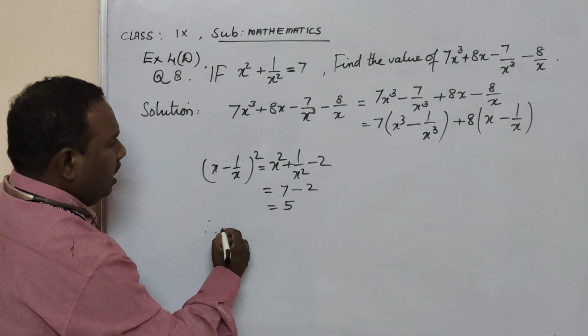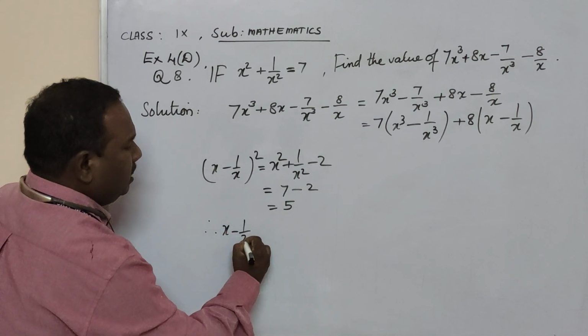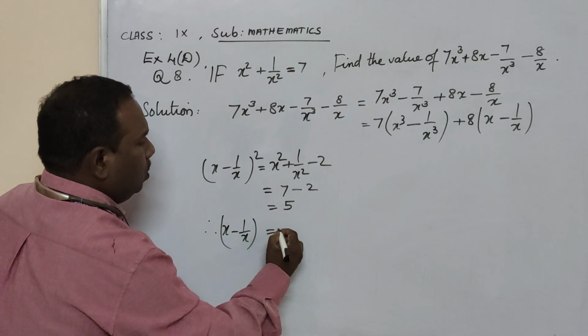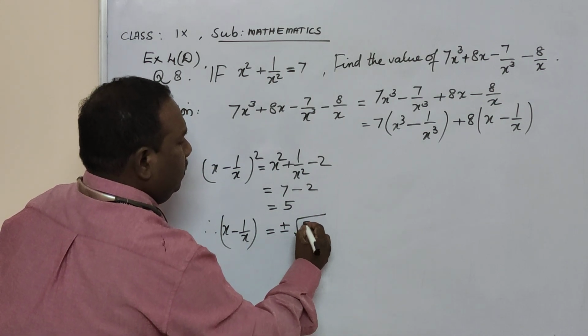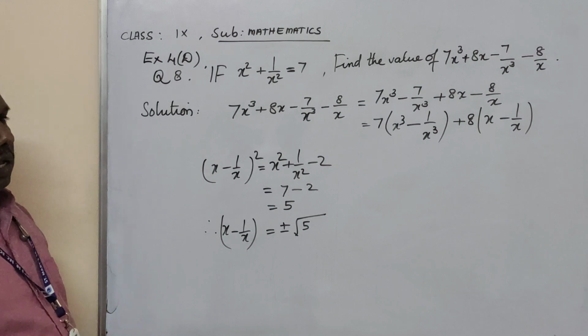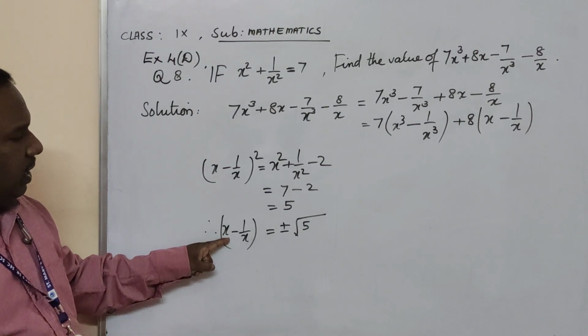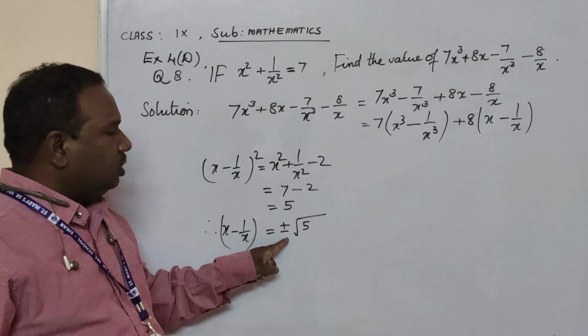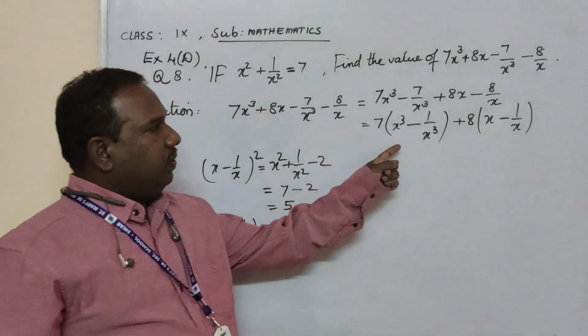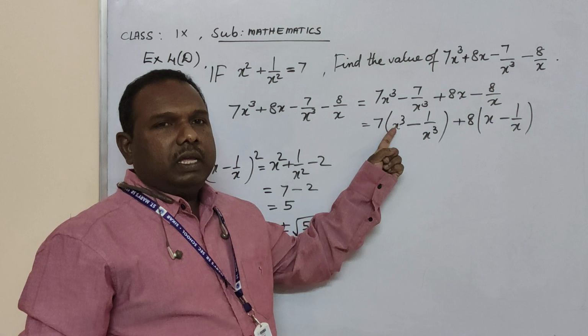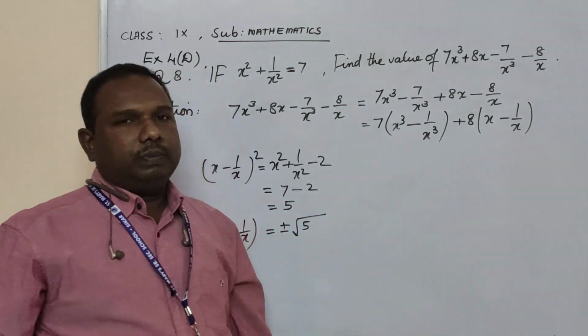So therefore x minus 1 by x is equal to plus or minus root of 5. Now the value of x minus 1 by x is equal to plus or minus root 5. Now we have to find out the value of x cube minus 1 by x cube.